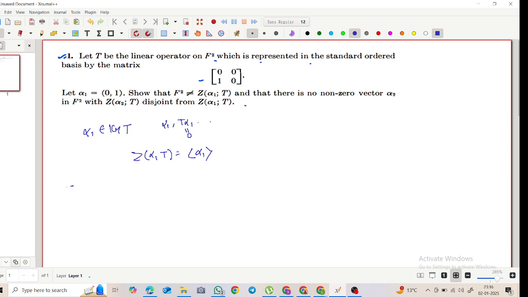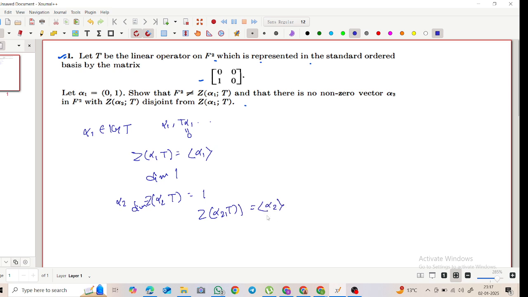Now see, if there is some z alpha 2, this has dimension 1, and f2 has dimension 2. So if there is an alpha 2, then z alpha 2 t has dimension 1, so it will be generated by some alpha 2.